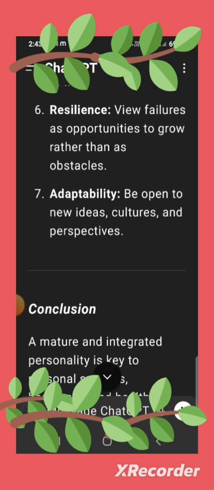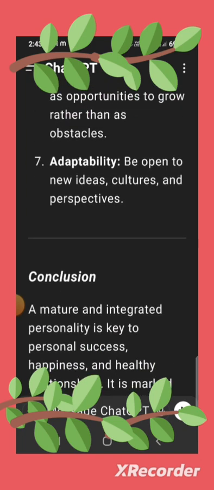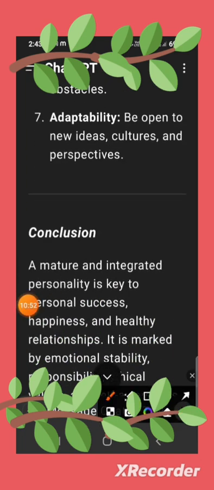Resilience: view failure as an opportunity to grow rather than an obstacle. Adaptability: be open to new ideas, cultures, and perspectives.